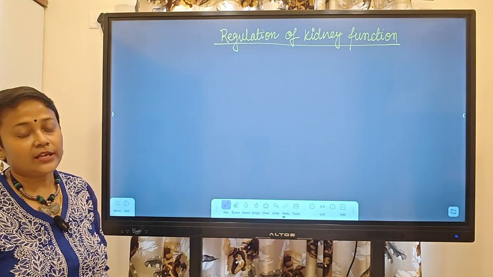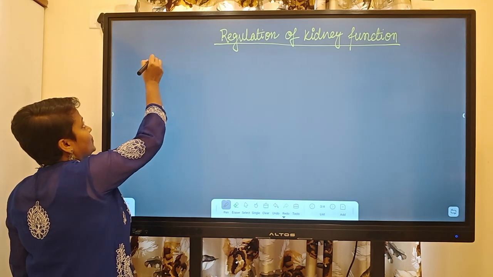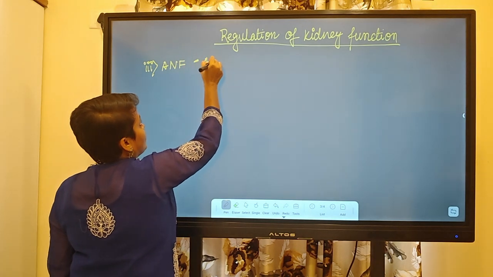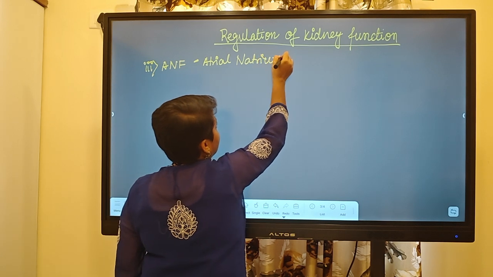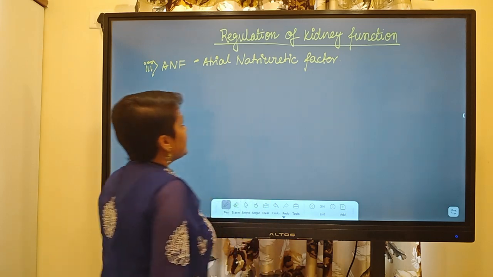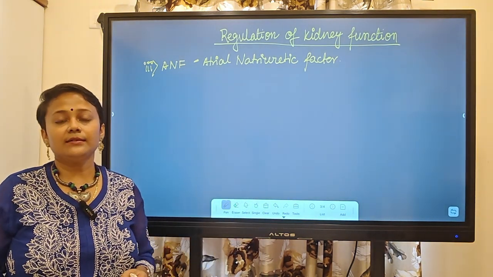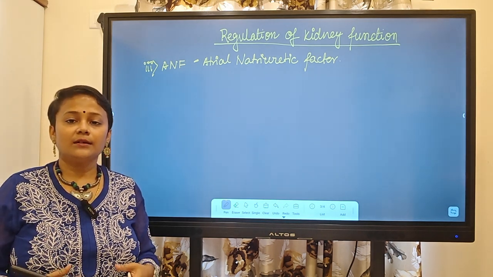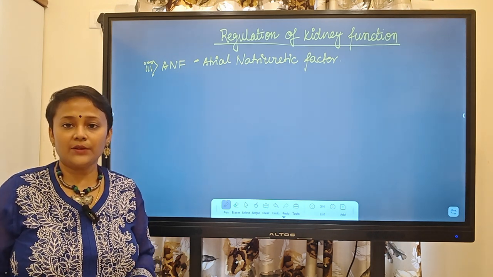The third regulation is by atrial natriuretic factor, ANF. In the previous regulation we discussed when there is low GFR, but if there is high GFR, high GFR means there is high blood pressure.